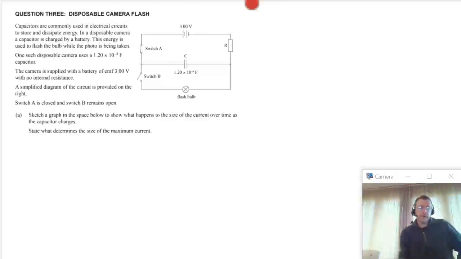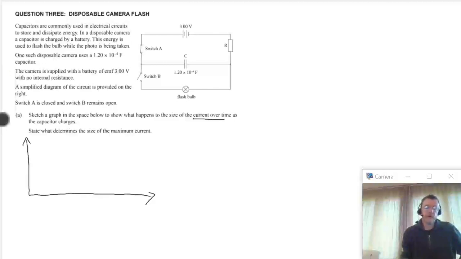So sketch a graph in the space below to show what happens to the size of the current over time as the capacitor discharges. Now when you sketch a graph here, you really need to make sure that you label your axes. So current over time, so let's just whack that in, current and time. What do we know? We've got an Imax up here, and it's going to go like this. Why? Because, well, it's a capacitor, so it doesn't have any effect on the circuit initially.